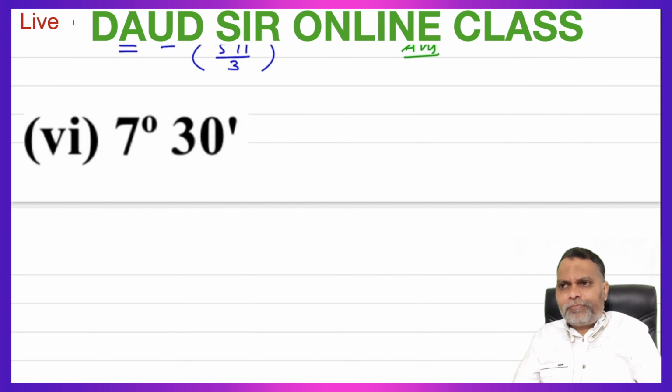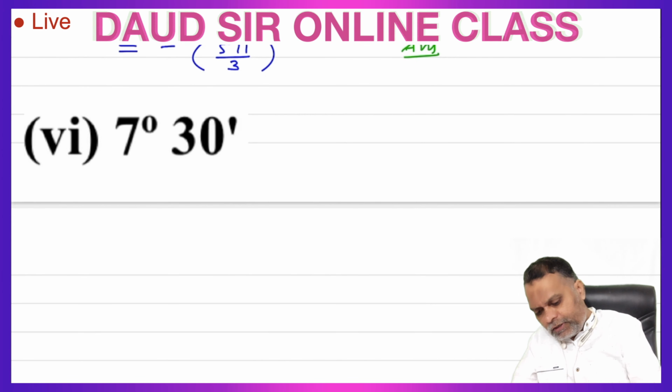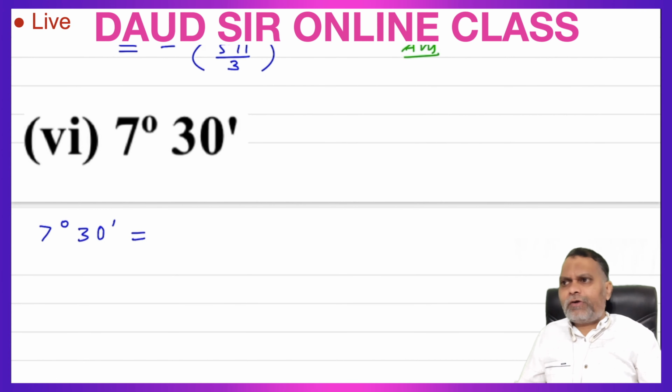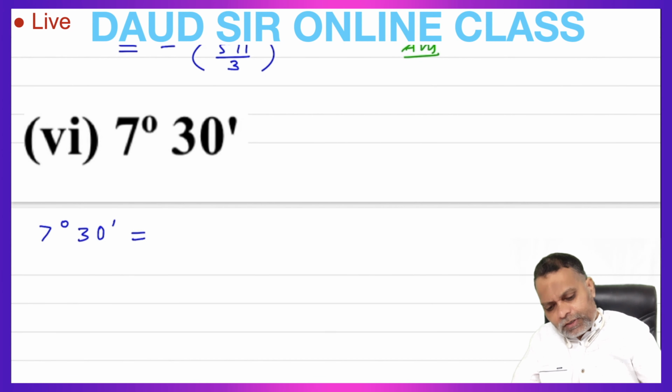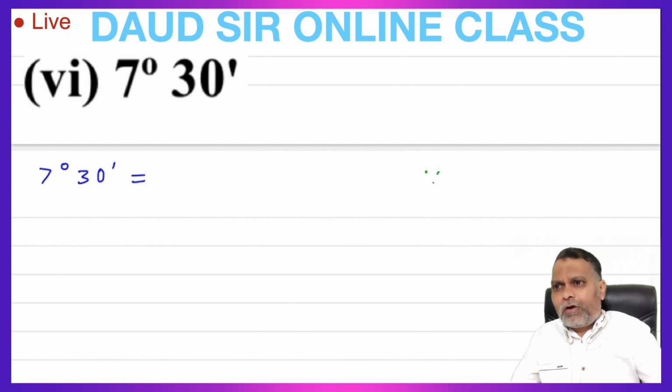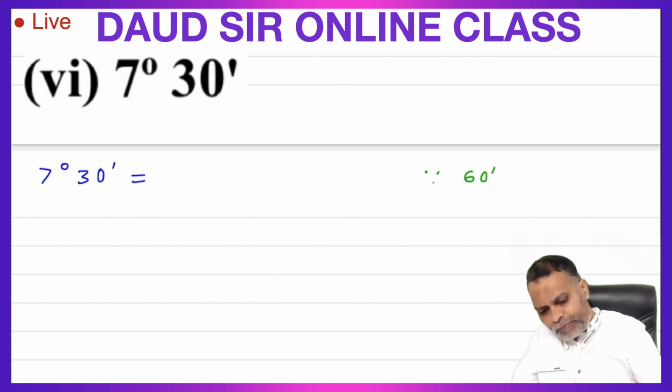Question number second, part 6. 7 degree 30 minute is equal to, first we have to convert this minute into degree.